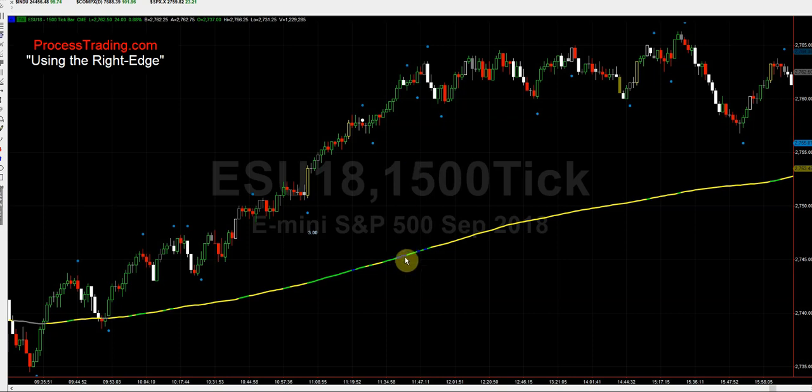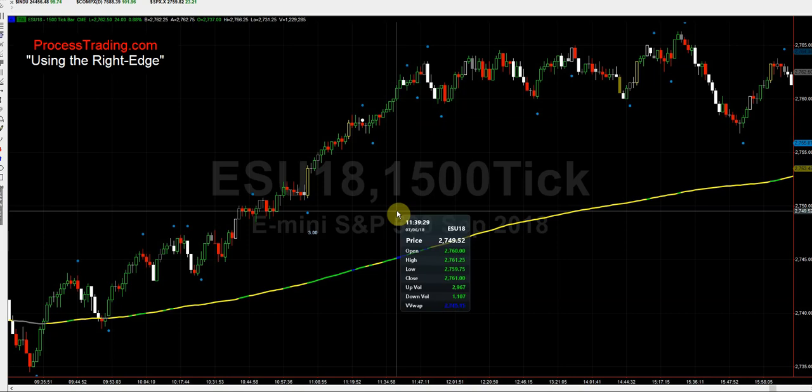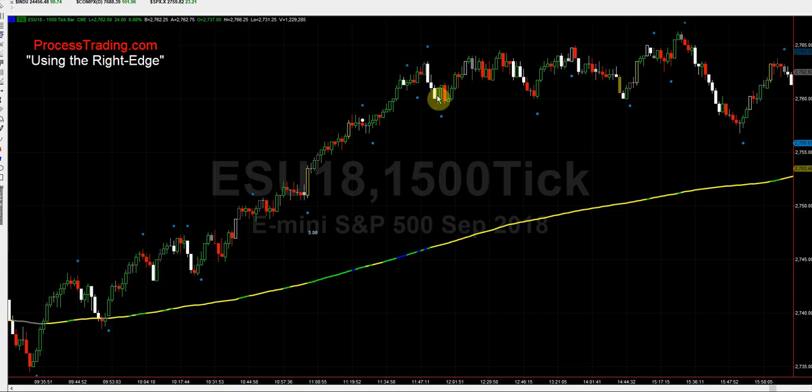So here you have blue spots within the VWAP trend line, the yellow trend line. And so if it's overextended, like right at this point, you can see that it came back a little bit. But let's go over the very simple basic rules of trend trading with the right edge system.